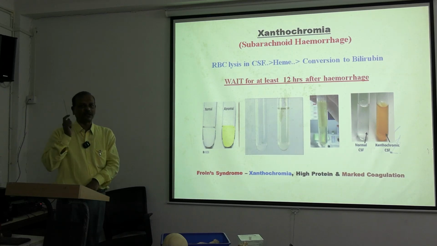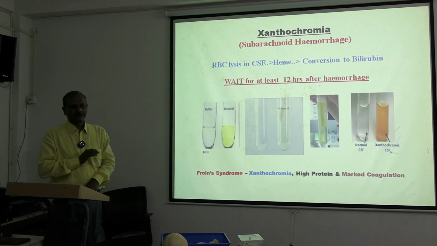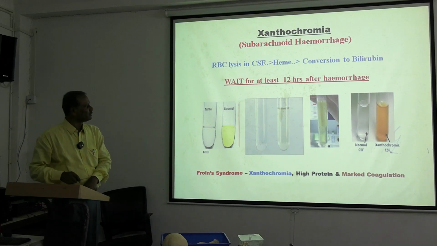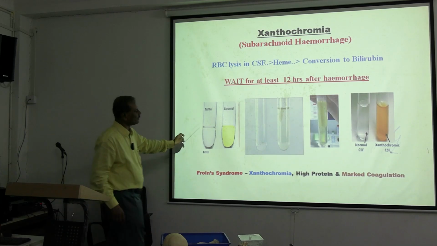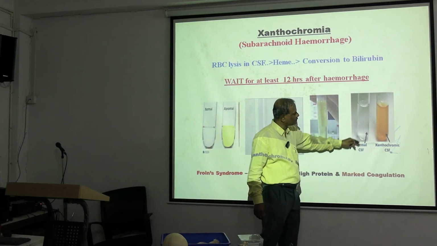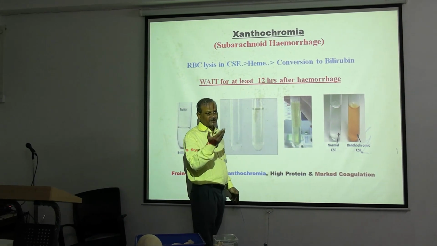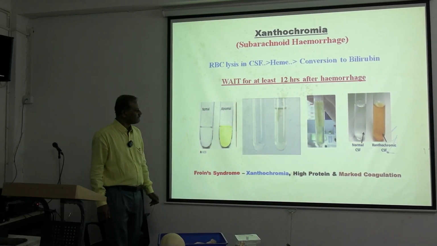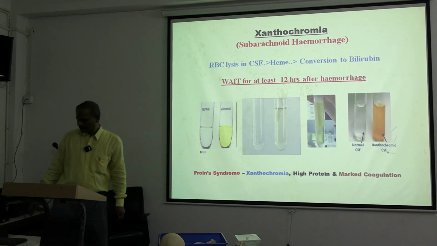At least 12 hours is required. If the patient presents, don't go for immediate lumbar puncture; we have to wait for 12 hours. This is normal, this is abnormal. If the degree of hemorrhage is very high, then of course it will be just like a serum color, highly colored with bilirubin. That is called xanthochromia.